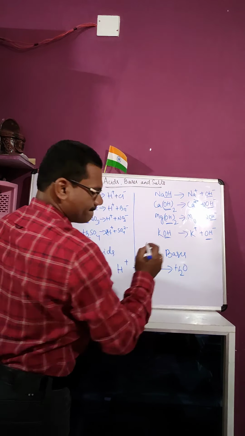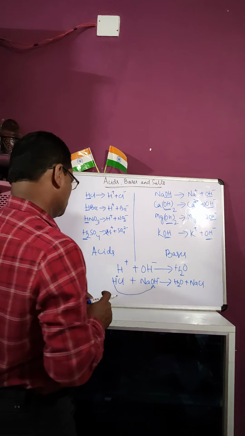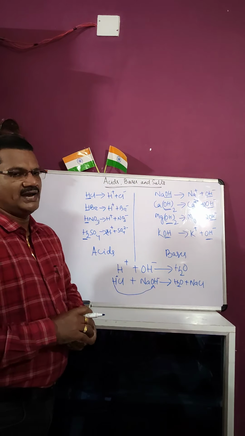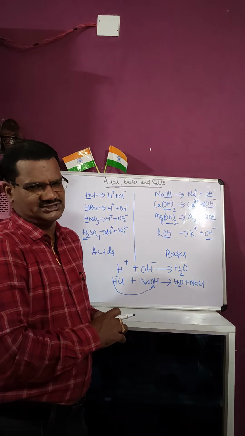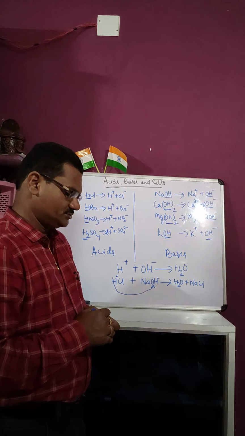The H plus of HCl combines with OH minus and gives H2O and NaCl. Okay. Now, this theory was given by Arrhenius, so this is called the Arrhenius acid-base concept or acid-base theory.